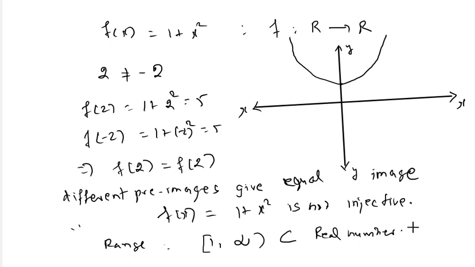So the range is a subset of the codomain. What is the codomain? Real numbers. Therefore the function is not onto. So this particular function is neither one-to-one nor onto. Clear?